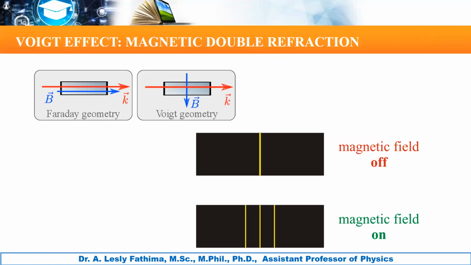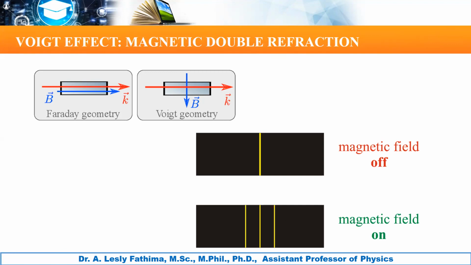In the Zeeman triplet, the central line nu zero vibrates parallel to the magnetic field and will be absorbed by the electrons in the vapor. The other two lines vibrate perpendicular to the magnetic field.